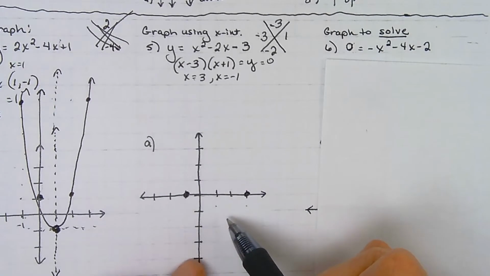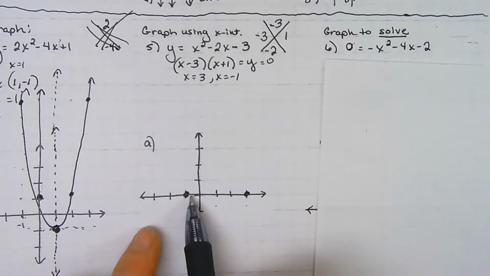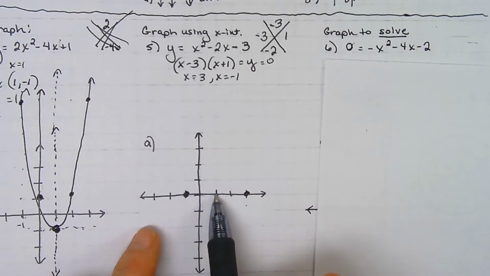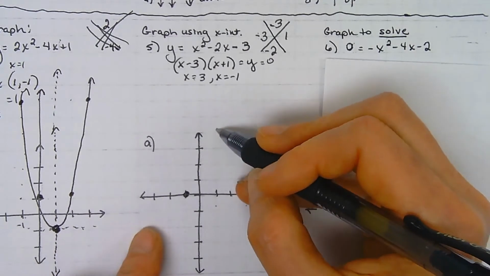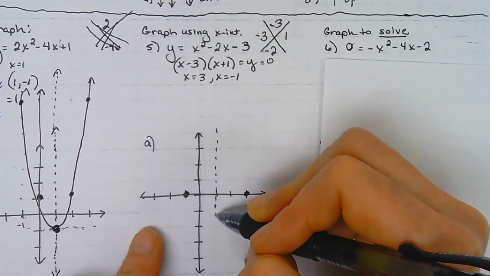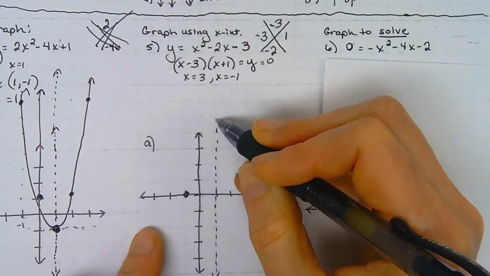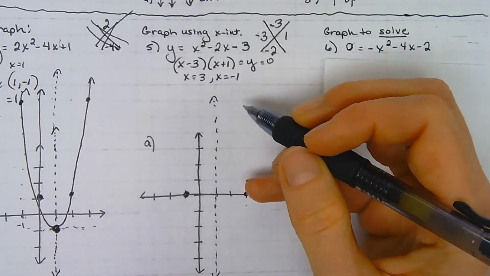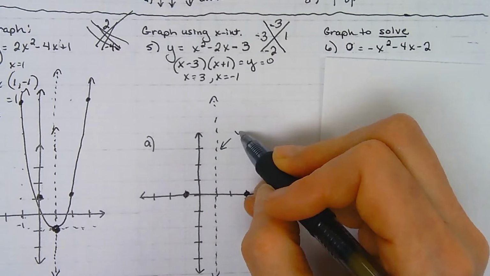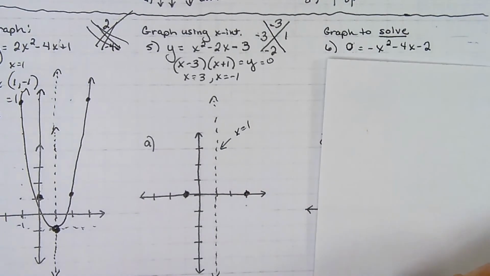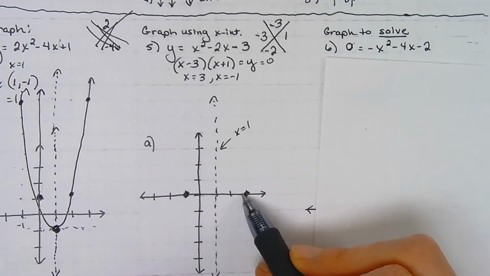And if I want to draw the axis of symmetry, I can see that it's at x equals 1, because that's 2 away from that point, and it's 2 away from that point. So the axis of symmetry is right here in the middle at x equals 1. And there are 2 points we have already.